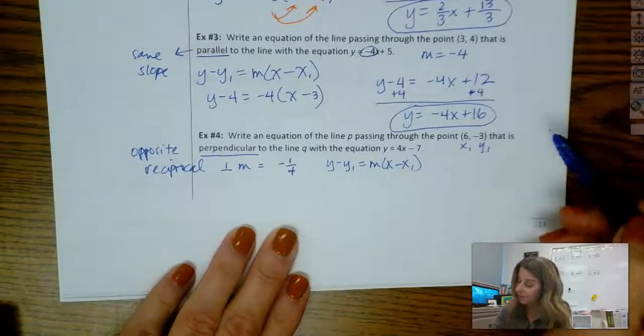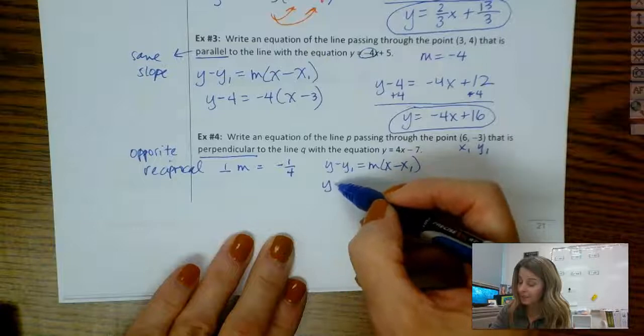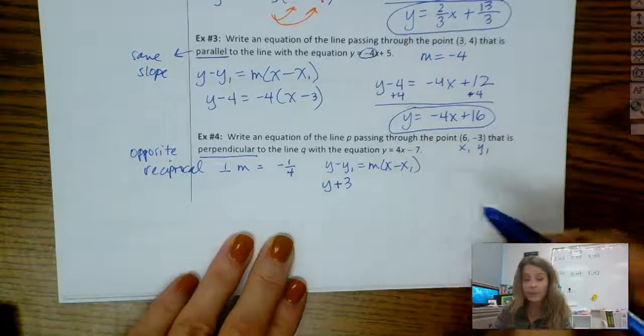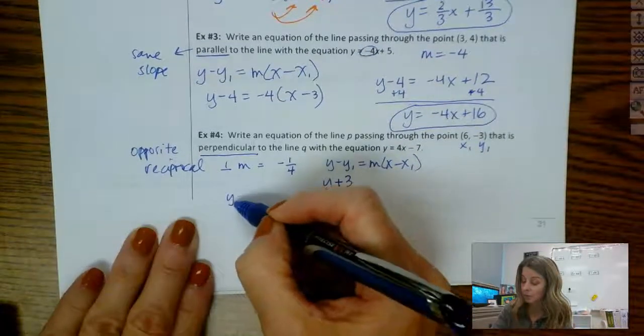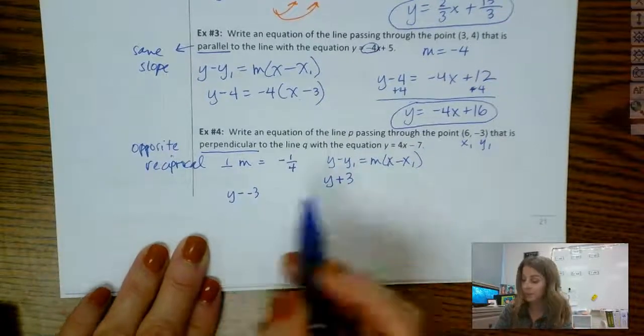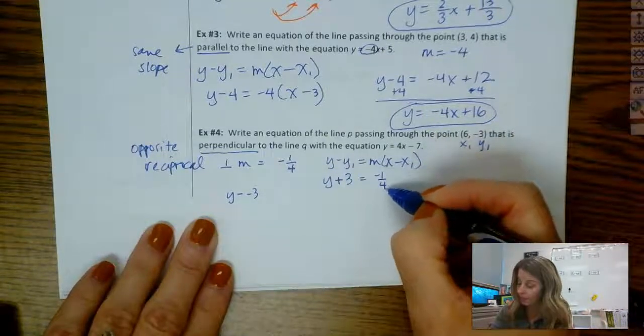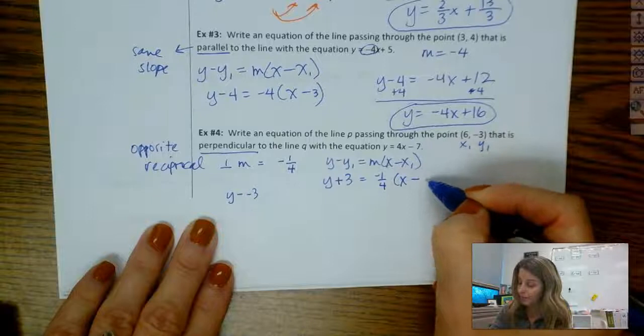So I have y minus negative 3. See how it turns into plus 3? My double negatives cancel out to be positive. That equals my new m of negative 1/4 times x minus 6.